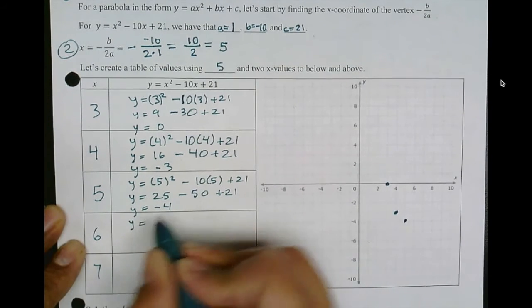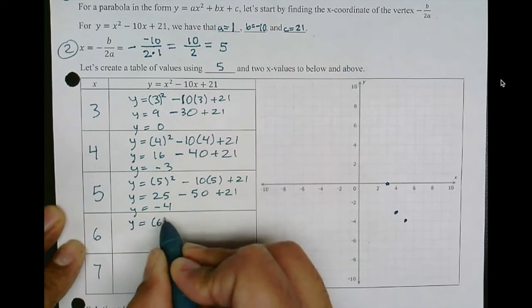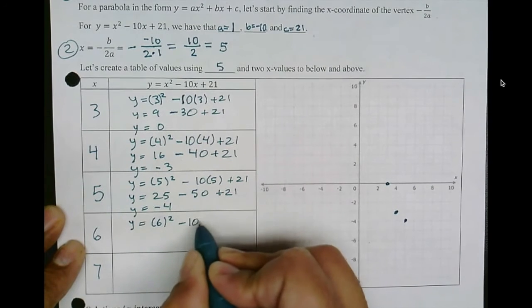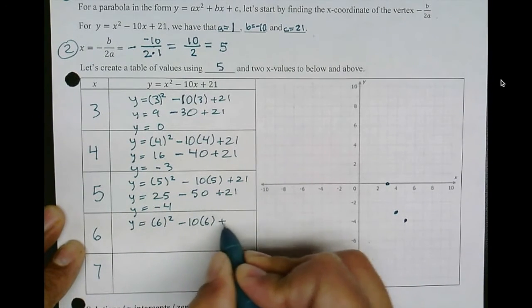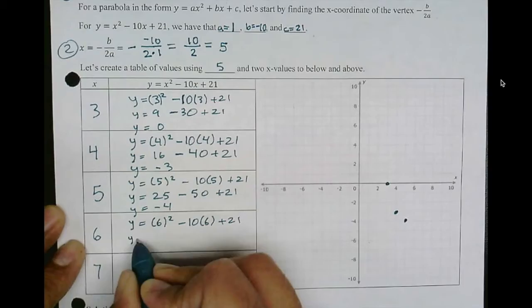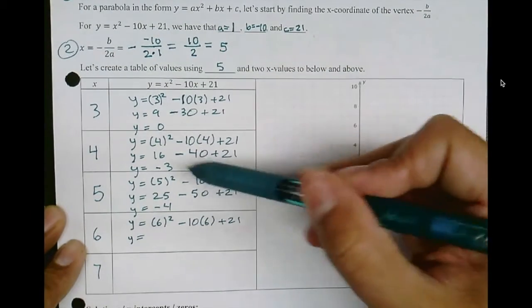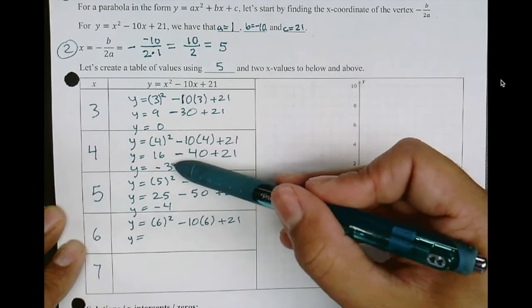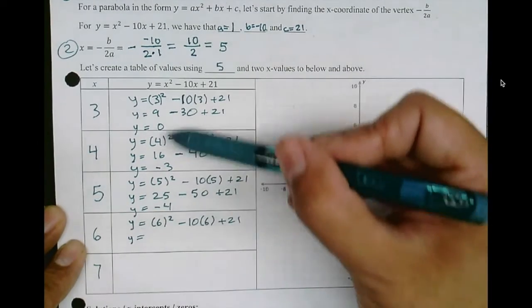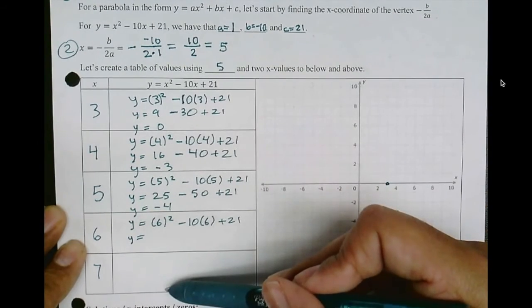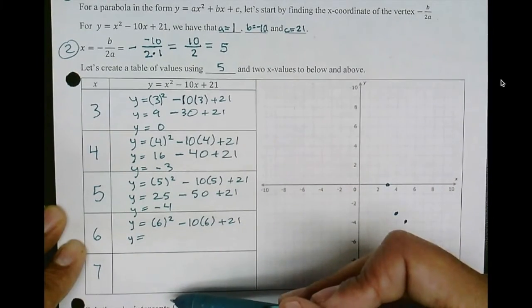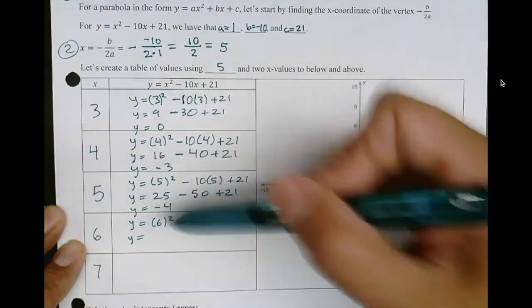Let's continue. Y is equal to 6 to the power of 2 minus 10 times 6 plus 21. Remember, if we've done these correctly, we should get negative 3 for this answer, and we should get 0 for this answer. But always complete the work all the way down in case you did make a mistake up here.